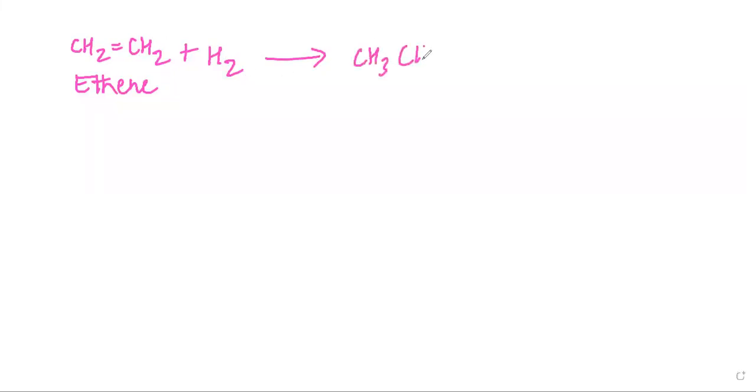First of all, my dear students, we will study the addition into, let us say, an example of CH2 double bond CH2. In this ethene, if we add hydrogen, we will get CH3CH3, which is known as ethane.